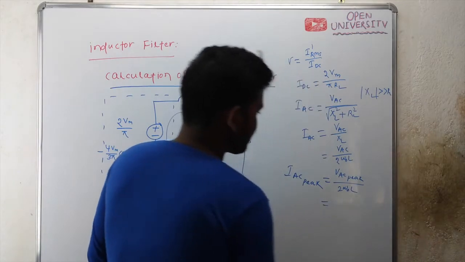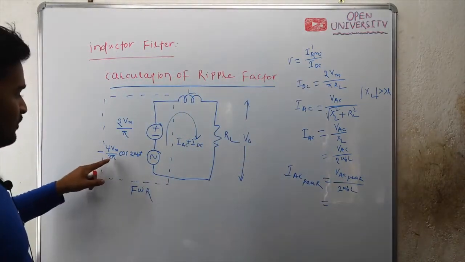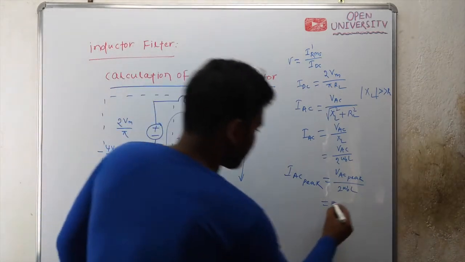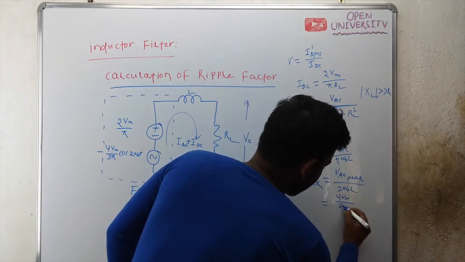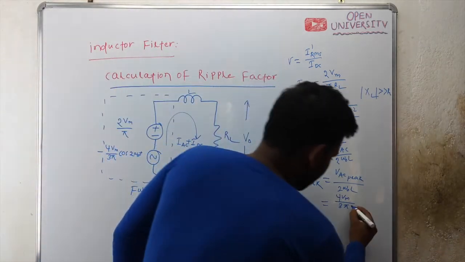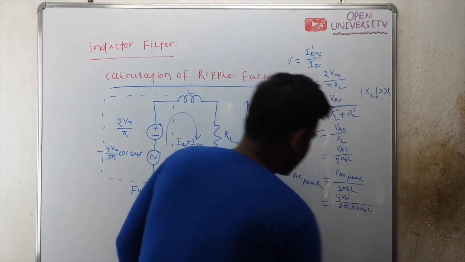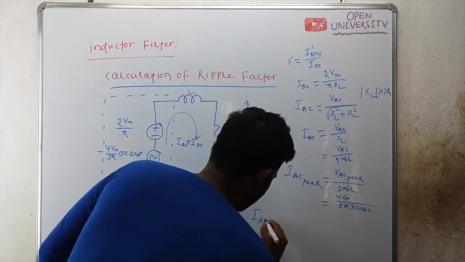What is VAC peak? What is the peak value of the AC component? It is minus 4Vm by 3pi; taking the magnitude, that is plus 4Vm by 3pi, into 2ω₀L. This is the peak value. Now I want the RMS value of the AC component.